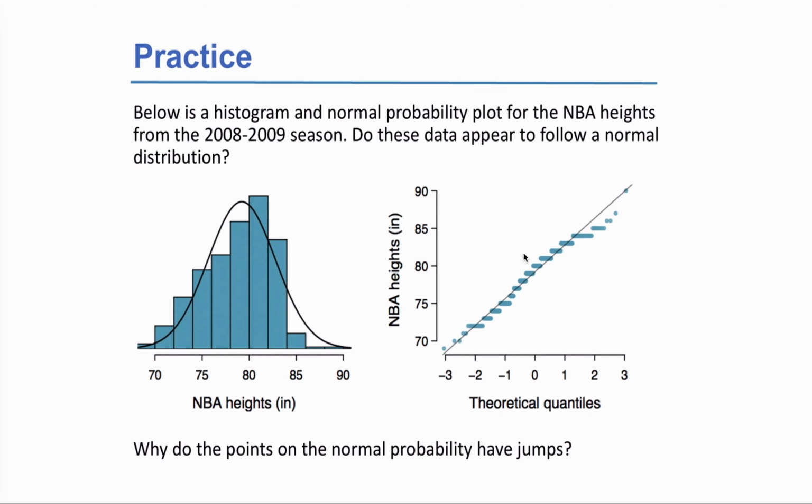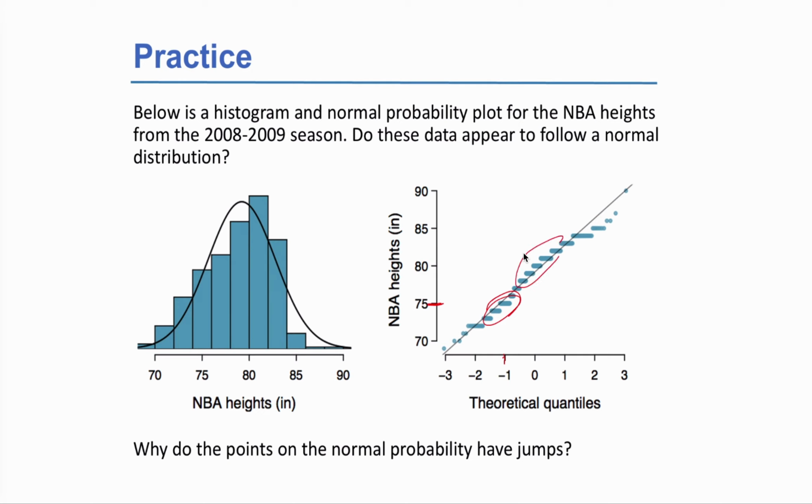Right? So here you have the ones that correspond to these theoretical quantiles, so ones that are one standard deviation below the mean are at 75.